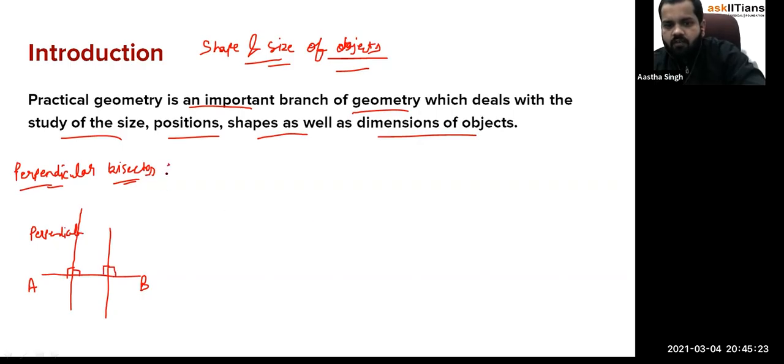What we are discussing now is the perpendicular bisector.